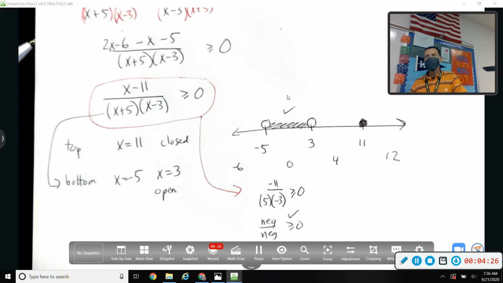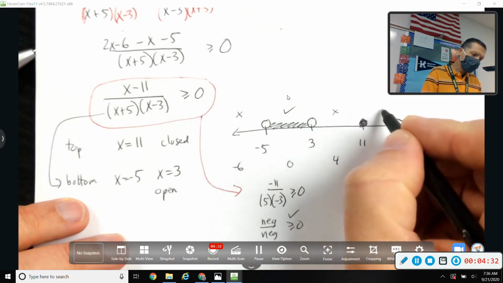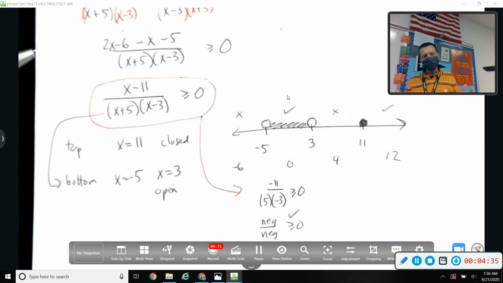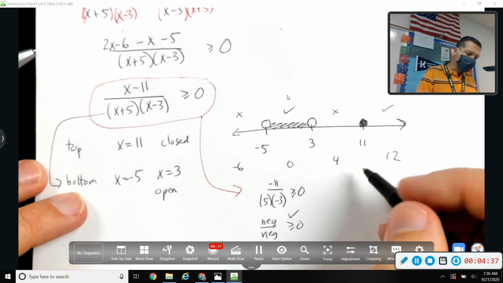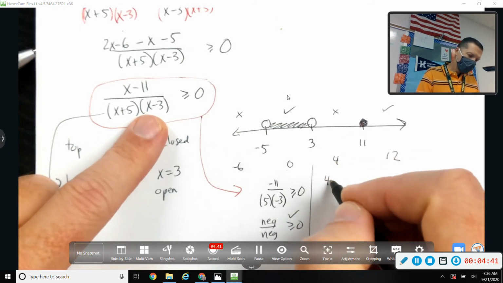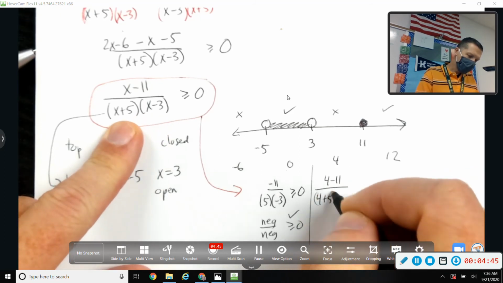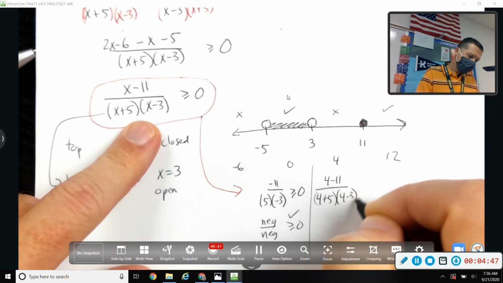Again, if you're feeling confident or if you're feeling pressed for time, you can alternate off of there and say this one's a no, that one's a no, and that one's a yes. I'm going to check one more just to make sure. So let's check 4. 4 minus 11 over 4 plus 5 and 4 minus 3.